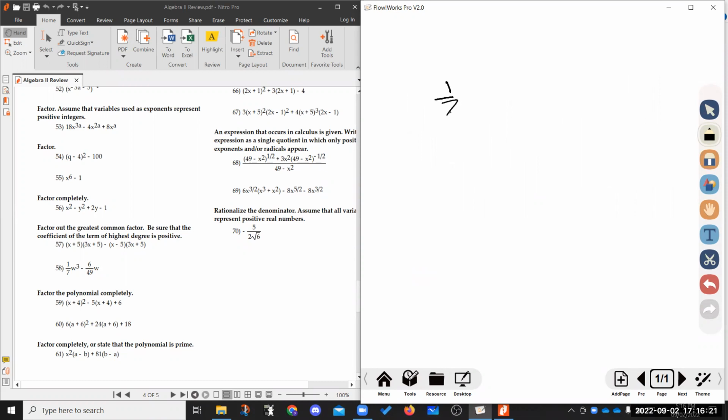I have 1/7 w to the 3rd minus 6 over 49 w. So we have a common factor of 1/7 w. It's going to leave me with w squared minus 6/7.